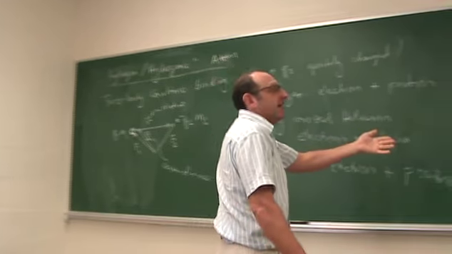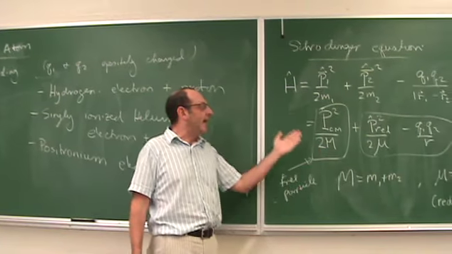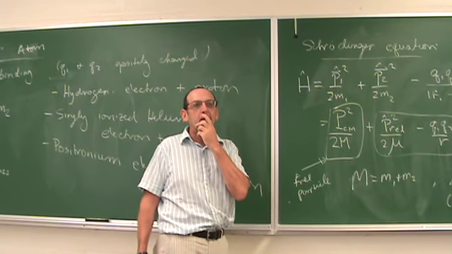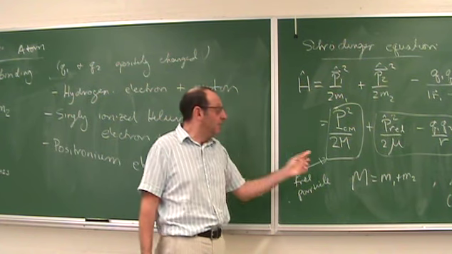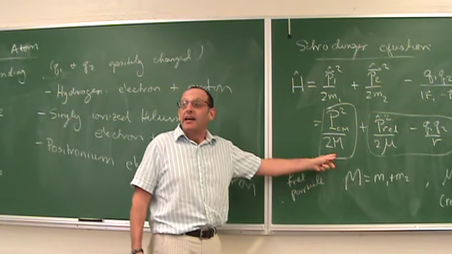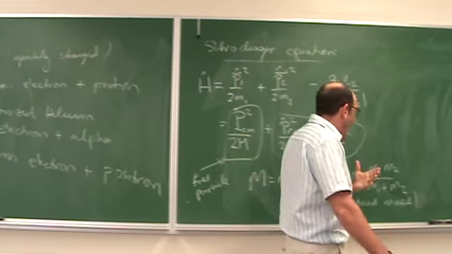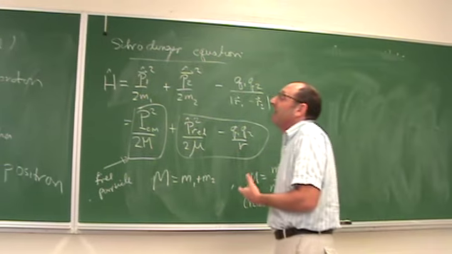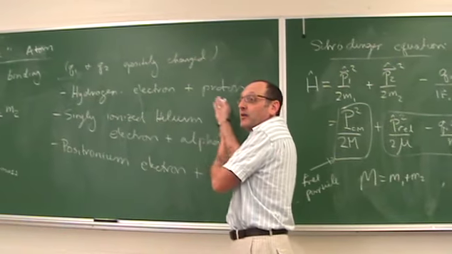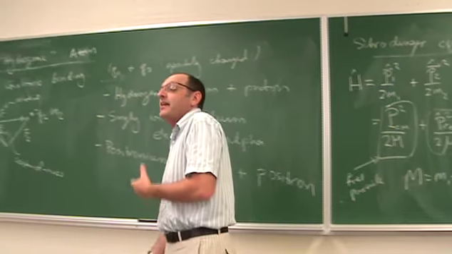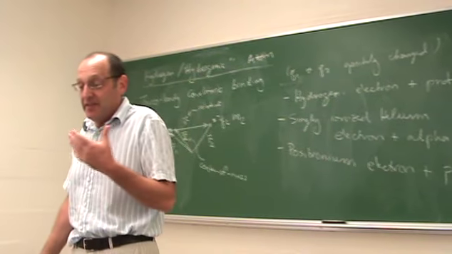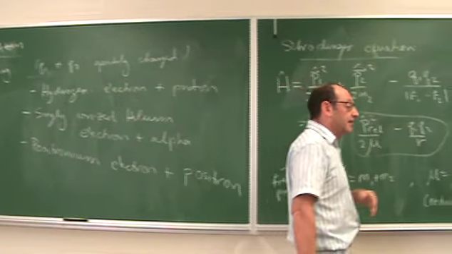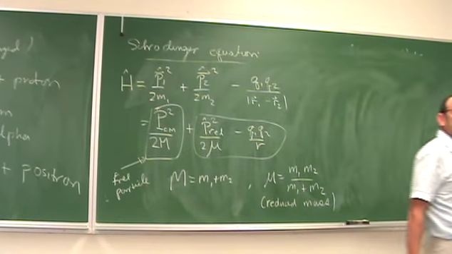Well, we got this M here, and the mass of the whole atom, if it's standard matter with a proton in it, is thousands of times more massive than the reduced mass.